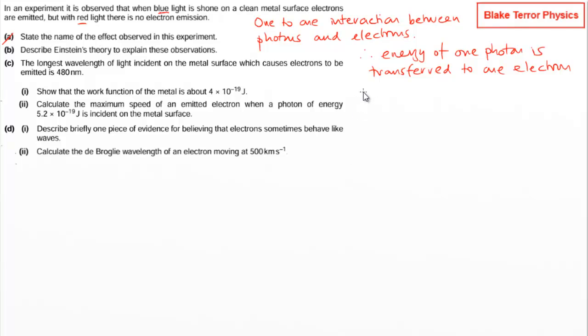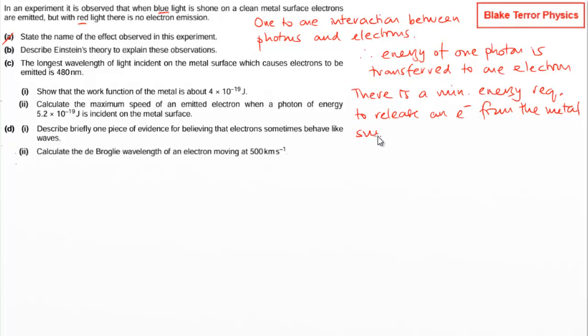Let's build up our argument a bit more then. So we can say there is a minimum energy required, I'll do some of this in shorthand, to release an electron from the metal surface. So this is good.